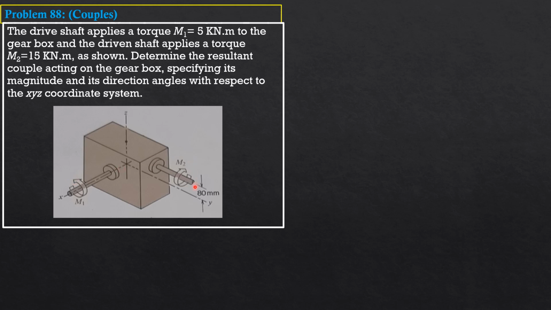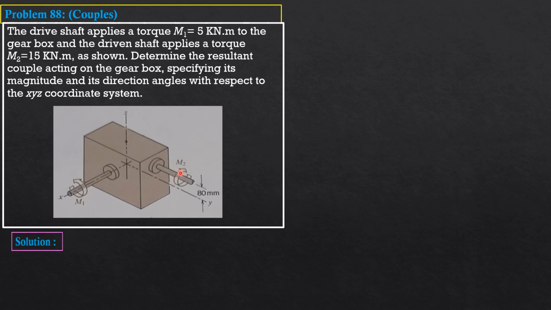While M2, if you position your right thumb towards the positive y-axis, then M2 opposes the positive sense of moment. Therefore, M2 is negative 15 since it acts about the y-axis, so it is negative 15j. Therefore, the resultant couple in vector form is 5i minus 15j.